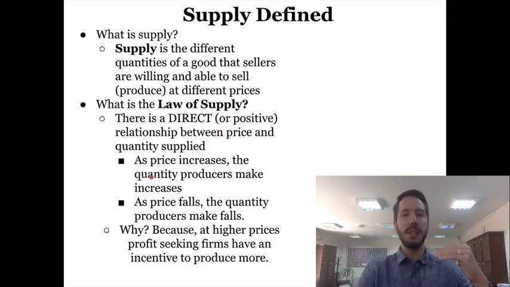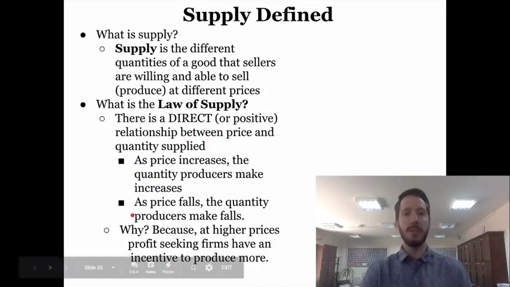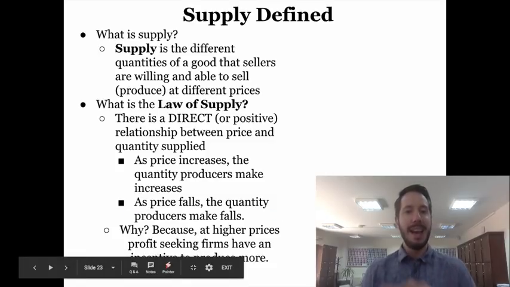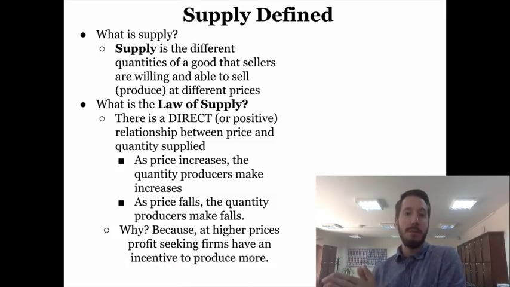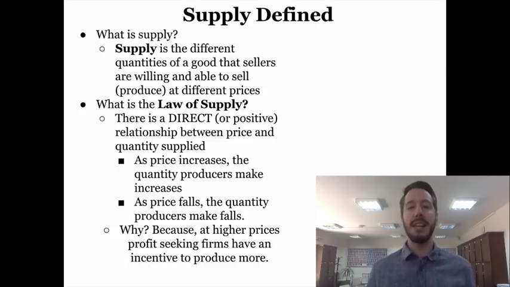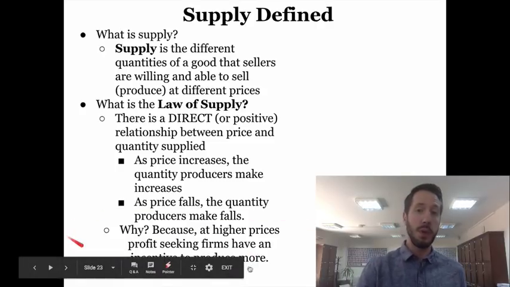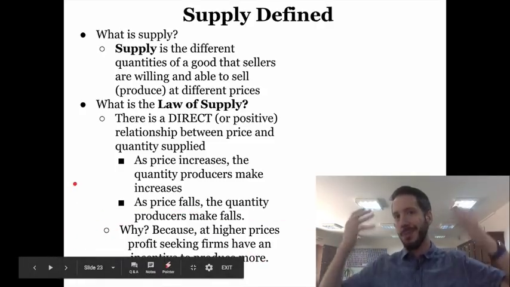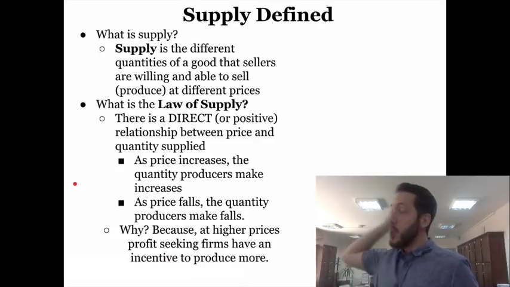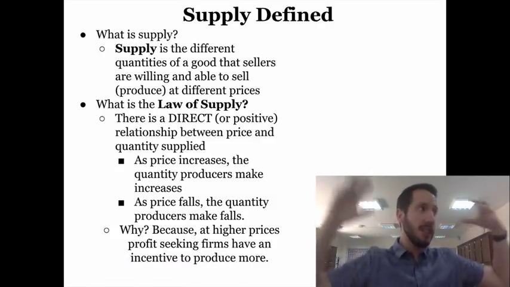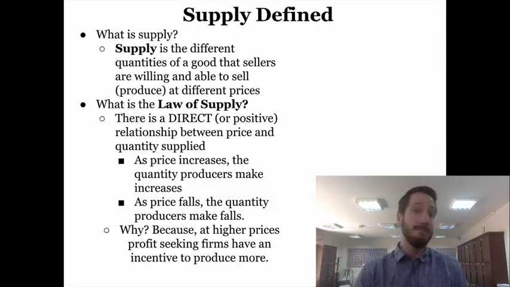So as price increases, the quantity increases. When the price falls, the quantity falls, because at higher prices, profit-seeking firms have an incentive to produce more. You're a business, your goal is to make as much money as possible. When the price is up, you put as much product out there to sell it and make money.